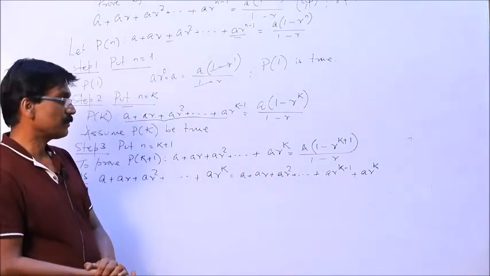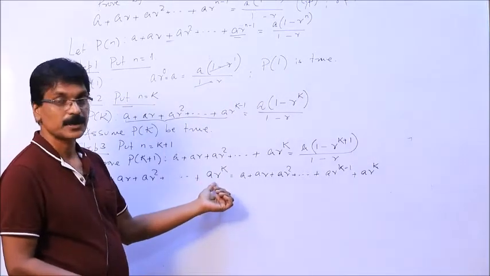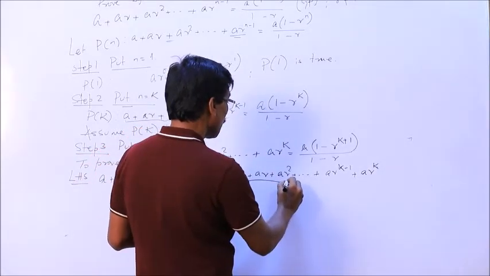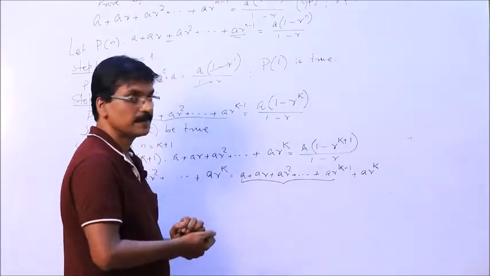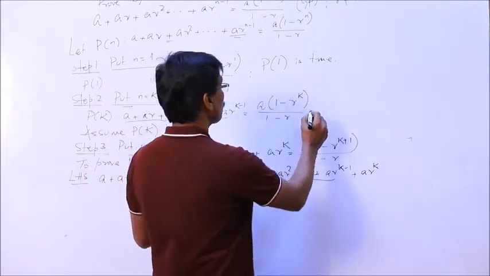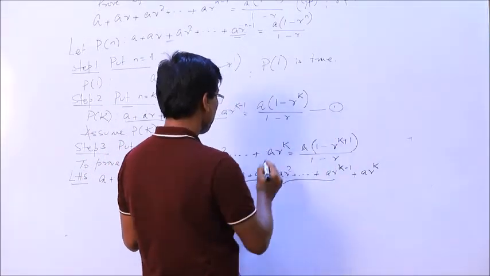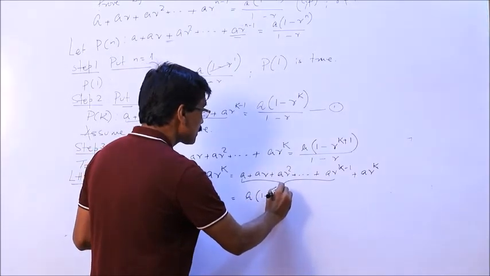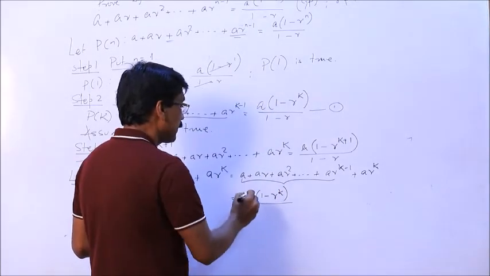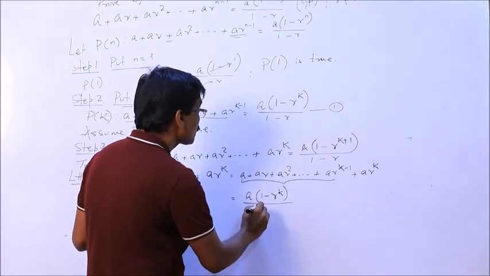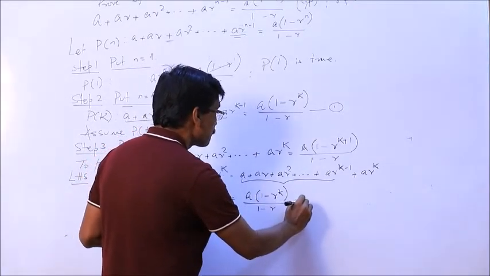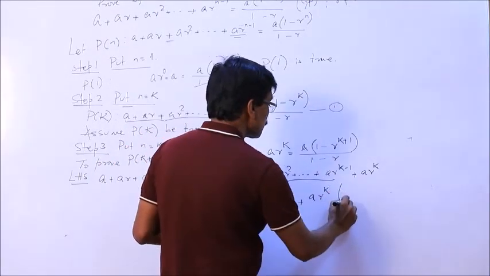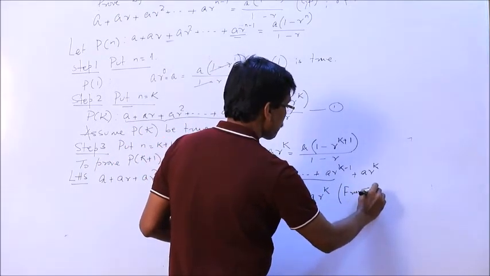So, just one term previous to a r to the power k, and the sum of a to a r to the power k minus 1 is equation 1. So, that is a into 1 minus r to the power k divided by 1 minus r plus a r to the power k, and this is from equation 1.